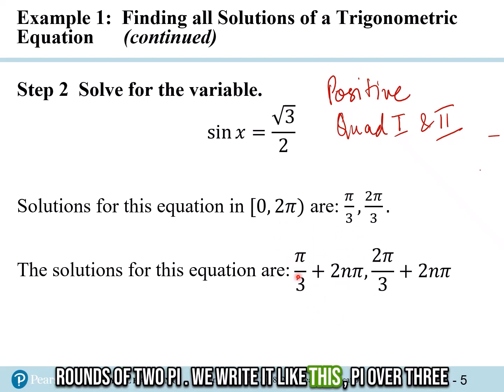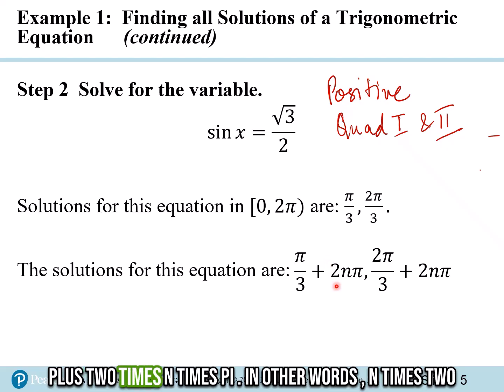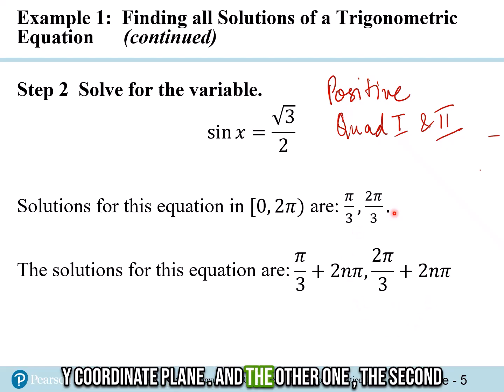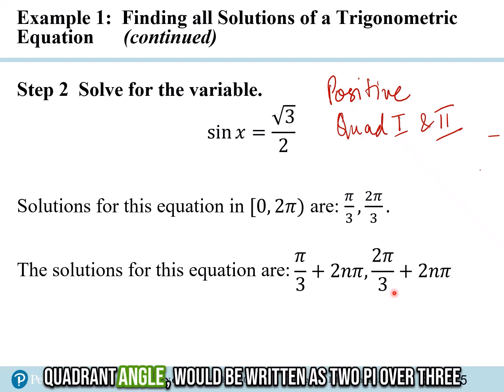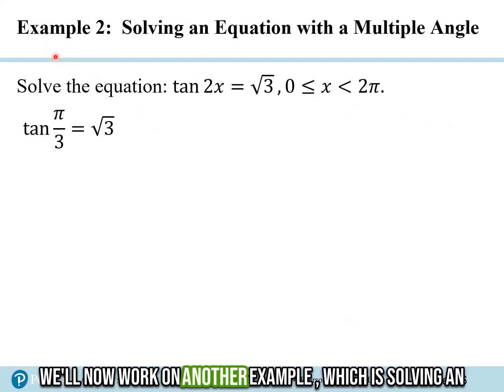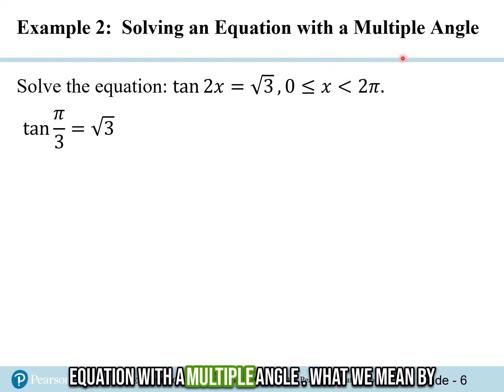We write it like this: pi over 3 plus 2 times n times pi. In other words, n times 2 pi. As many cycles of 2 pi we can go around in the xy coordinate plane. And the other one, the second quadrant angle, would be written as 2 pi over 3 plus 2 times n times pi. Right?